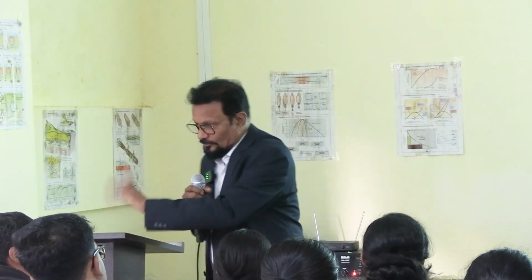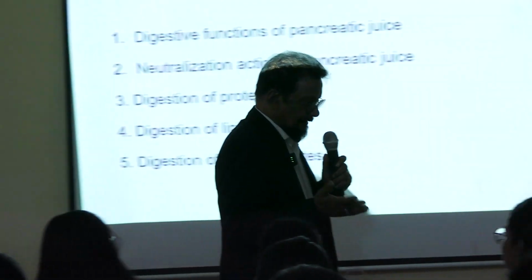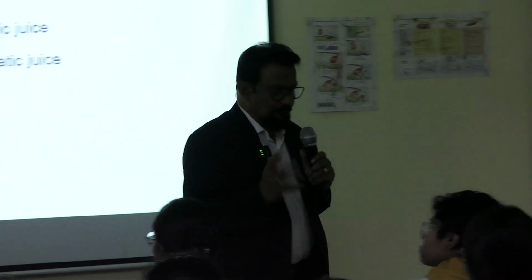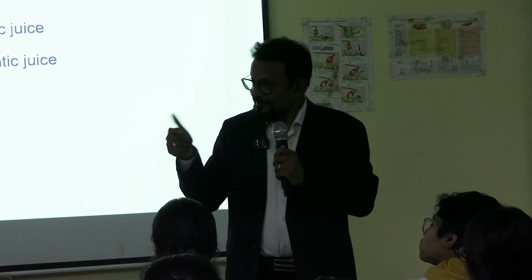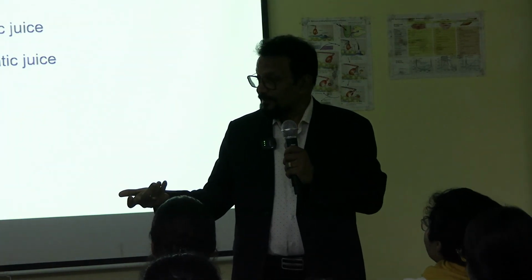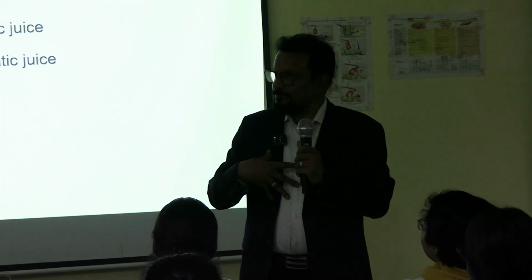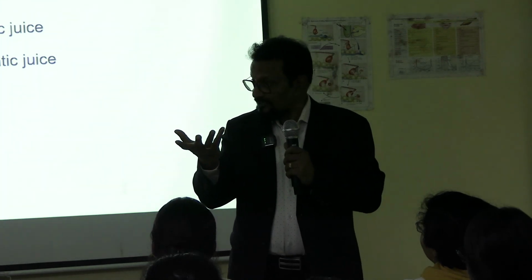How can it provide energy? The fat is absorbed as monoglyceride, diglyceride to some extent, and glycerol and fatty acids. So it has entered ultimately into the blood. Now it will be coming to liver first.